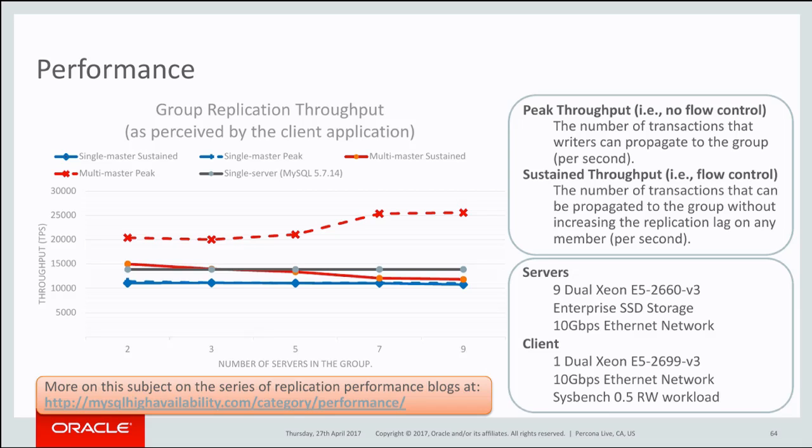And then if we go to the multi-primary mode, what we call sustained and peak. Sustained is the maximum load the system can handle without having slave lag. So if you want to have the group almost in sync, then we are using the sustained throughput, and you see that it starts a little bit faster than a single instance, and then it degrades, but it degrades linearly.